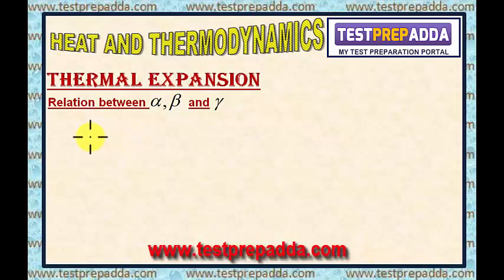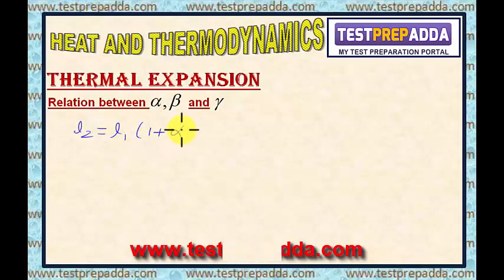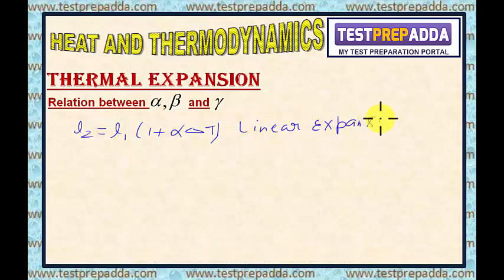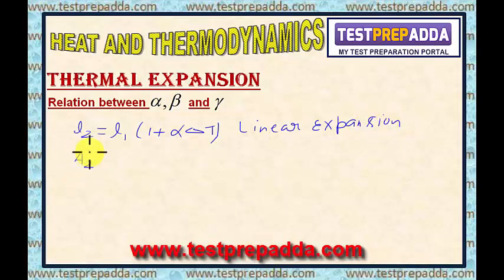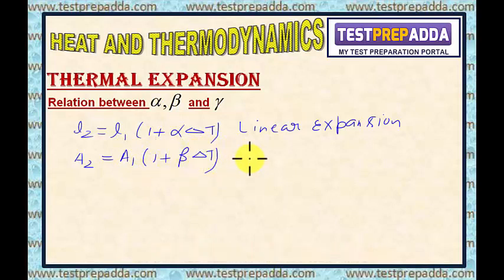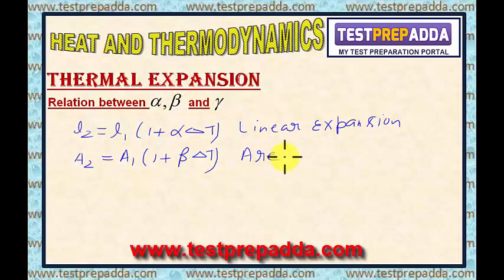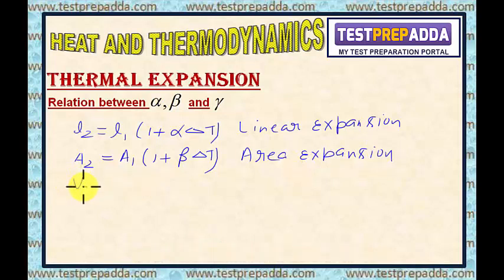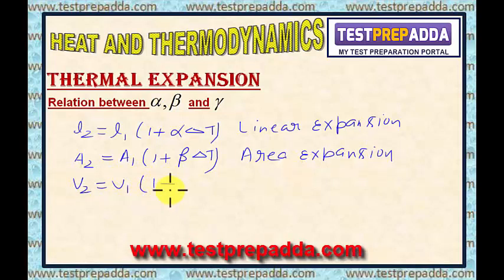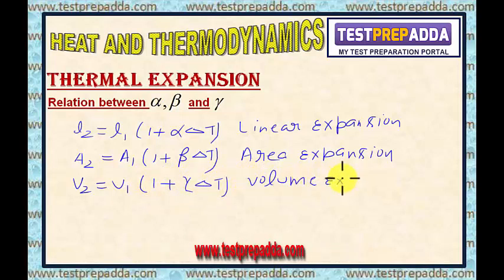And we derived relations like L2 is equal to L1 (1 plus alpha delta T) for linear expansion, A2 is equal to A1 (1 plus beta delta T) for area expansion, and V2 is equal to V1 (1 plus gamma delta T) for volume expansion.